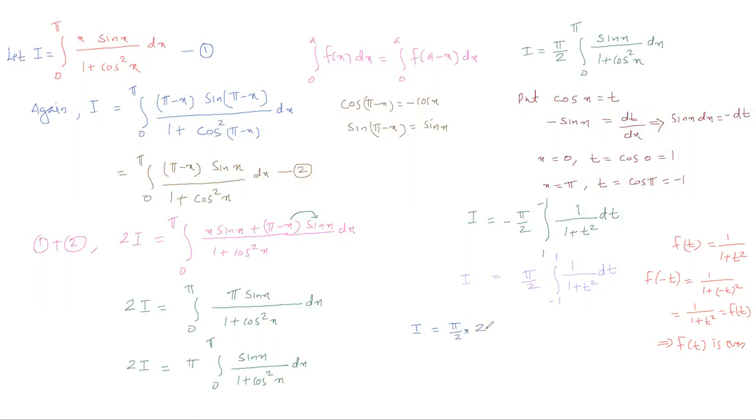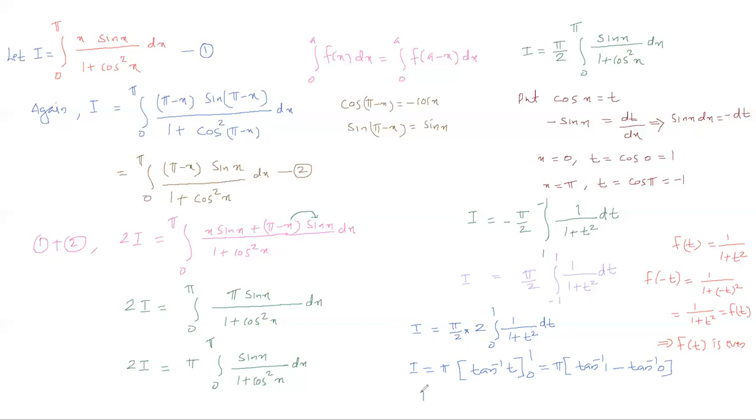So ऐसे even function है तो, I is equal to pi by 2 into minus 1 to 1 को आप 2 into 0 to 1 लिख सकते हैं, 1 by 1 plus t square dt. So that is I is equal to 2 cancel हो जाएगा, pi into integral 1 by 1 plus t square is tan inverse t, 0 to 1. So that is pi into upper limit देना पहले, tan inverse 1 minus then lower limit tan inverse 0.